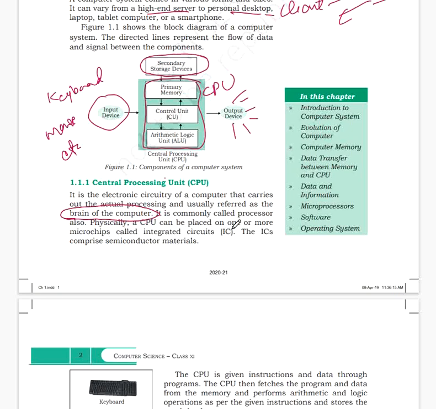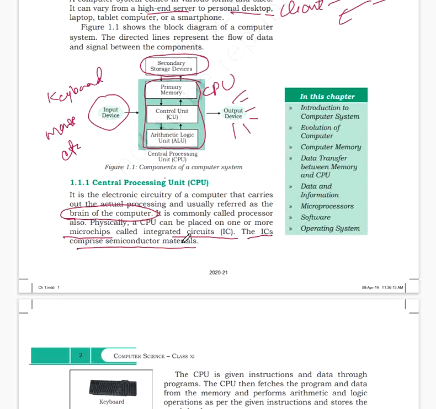Physically, a CPU can be placed on one or more microchips, like primary memory, which is another chip, a control unit, and ALU. These are different chips. All together they are called a processor, made of integrated circuits. An IC comprises semiconductor materials.